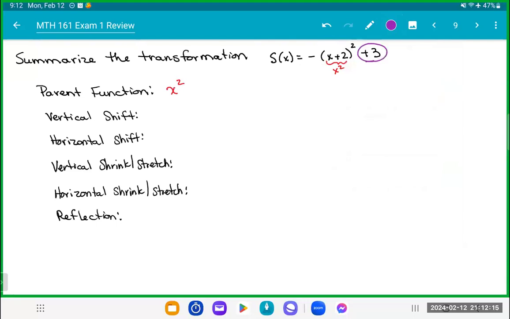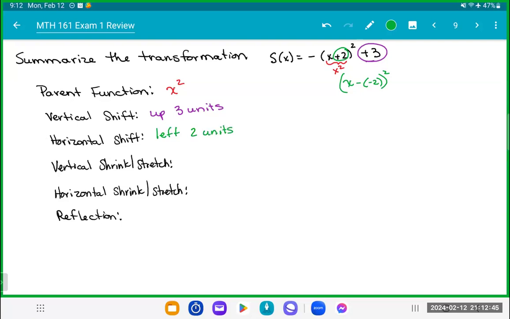That's telling me we're having a vertical shift up 3 units. Our horizontal shift, this right here, that's really, remember, that's x minus negative 2 squared if we're looking at it in standard form. So we're actually shifting left 2 units.